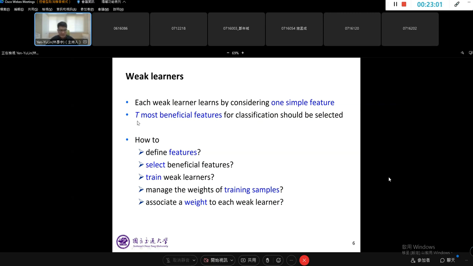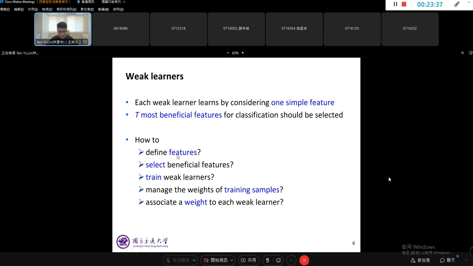Okay. Our goal is to derive a strong classifier with capital T weak learners. So our question is how to choose T most beneficial, powerful, and even complementary features for classification. To answer this question, there are a lot of related questions. How to define features? This is application dependent: how to express a data point as a feature vector.